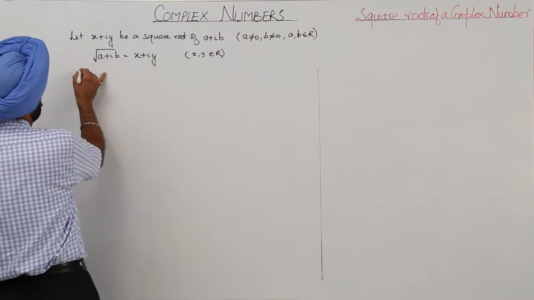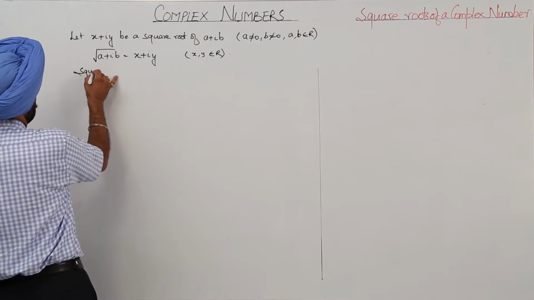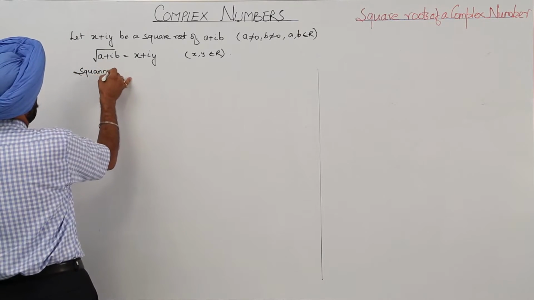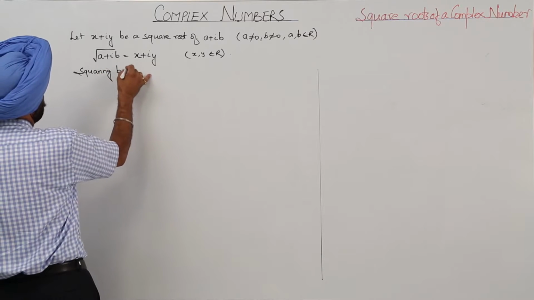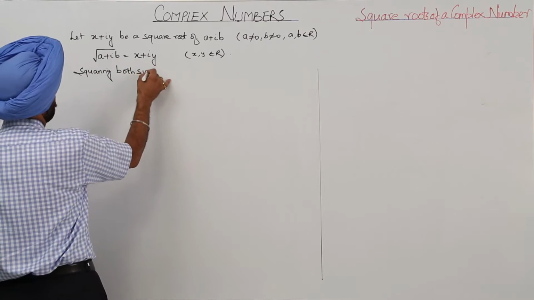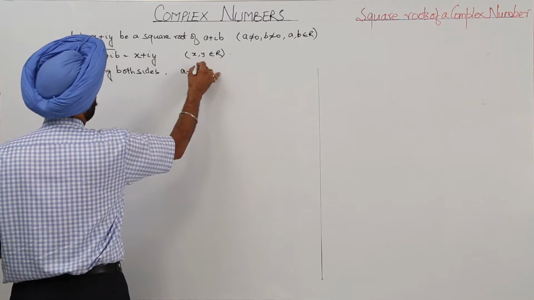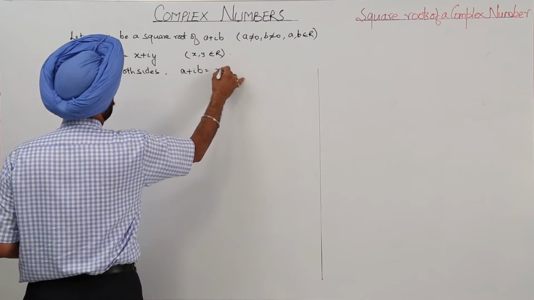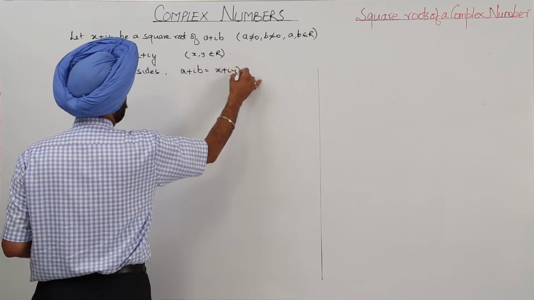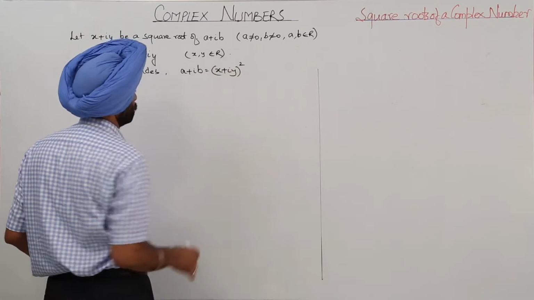Now, squaring both sides, what are we getting? a plus iota b is equal to x plus iota y whole square.